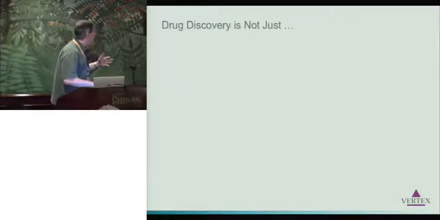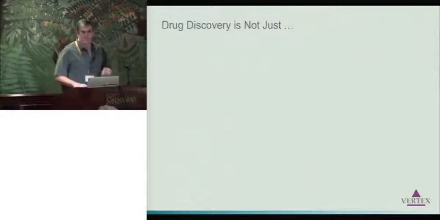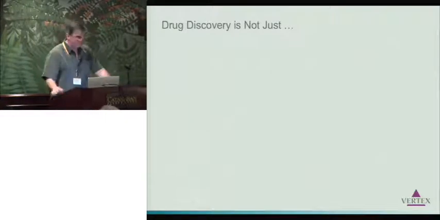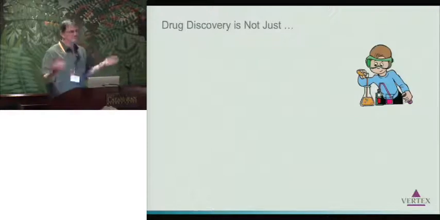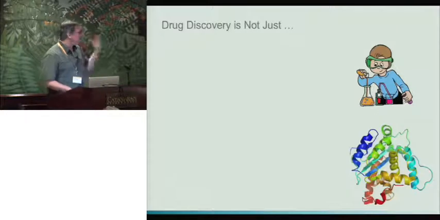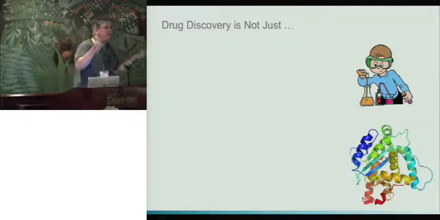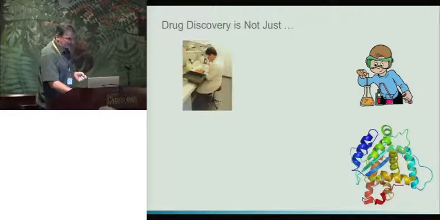Anyway, on to this. Maybe I don't have to emphasize this with this crowd, but these are a few slides that I put together for a talk I gave a few months ago to some university students. I think it's important to remember that drug discovery is not just chemistry. It's not about structural biology. Vertex is a structure-based design company, but it's not all about structural biology.